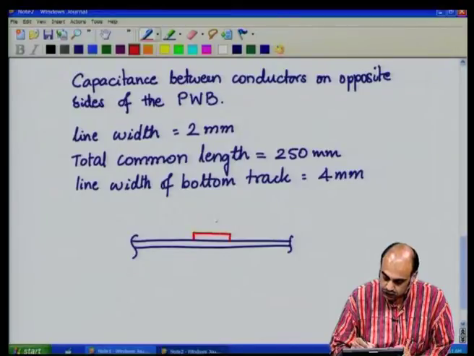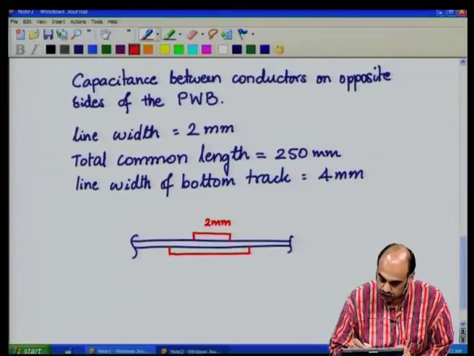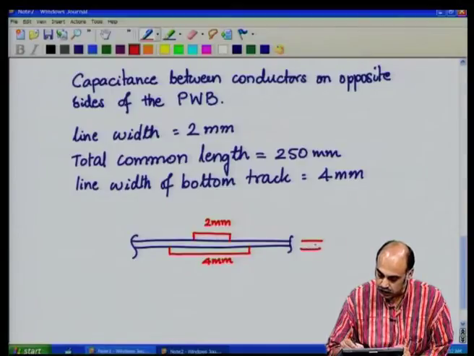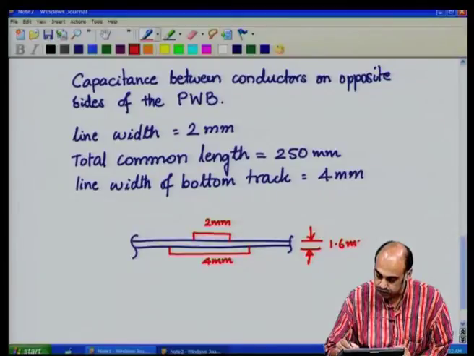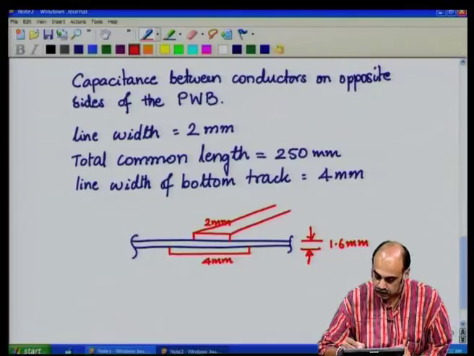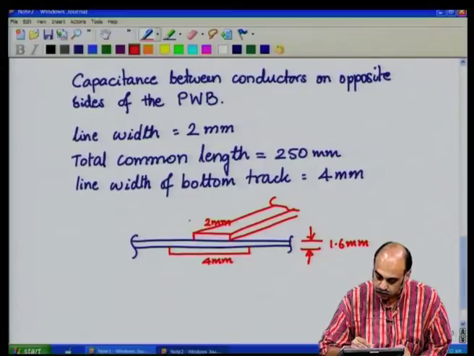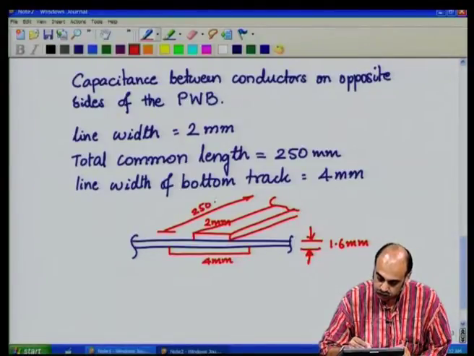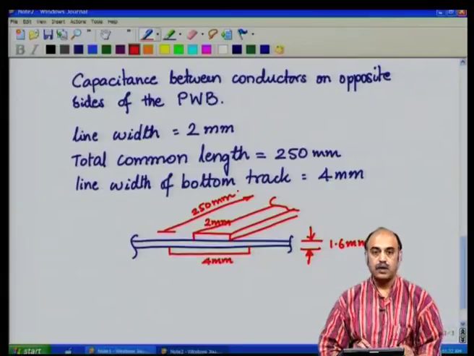So, you have a width of 2 mm, a bottom track of 4 mm, and you have 1.6 mm thickness, and the track runs for 250 mm long.